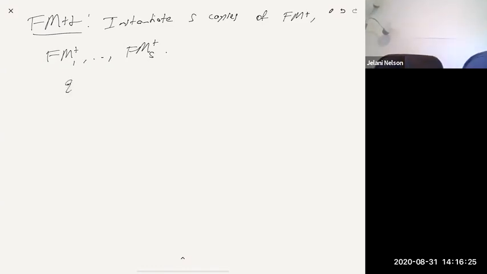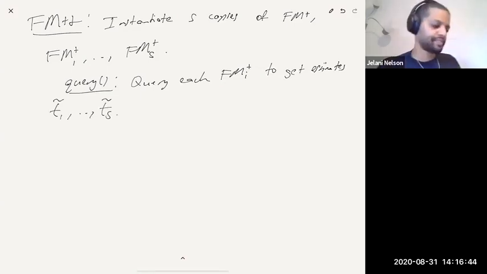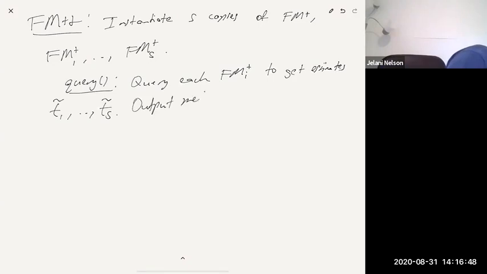And then to answer a query, we'll query each FM+i to get estimates T1 tilde up to TS tilde, and then we're going to output the median of them.